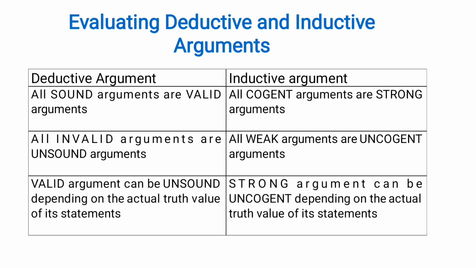Therefore, we can say that all sound arguments are valid arguments, and in the case of inductive arguments, all cogent arguments are strong arguments. And all invalid arguments are unsound arguments, and all weak arguments are uncogent arguments.